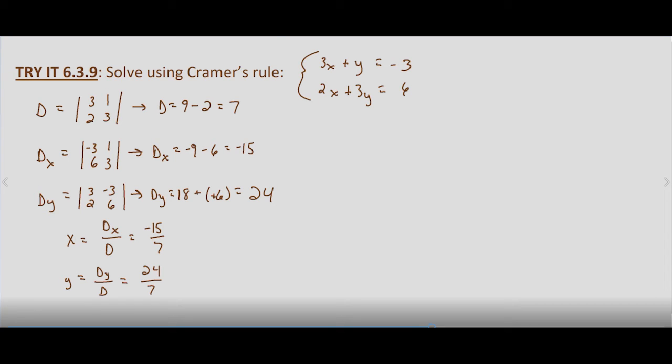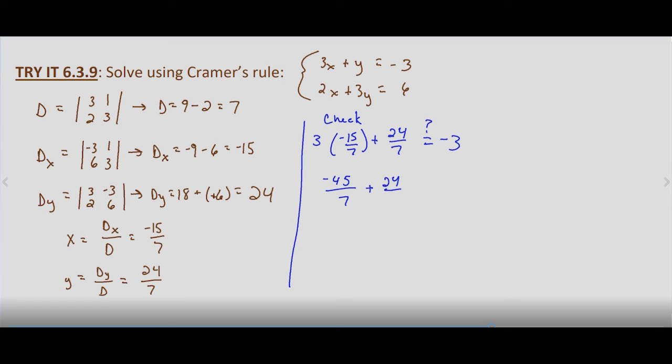And now we'll check our solutions. 3 times -15 over 7 plus 24 over 7. Does that equal -3? So 3 times -15, that's -45, divided by 7 plus 24 divided by 7.